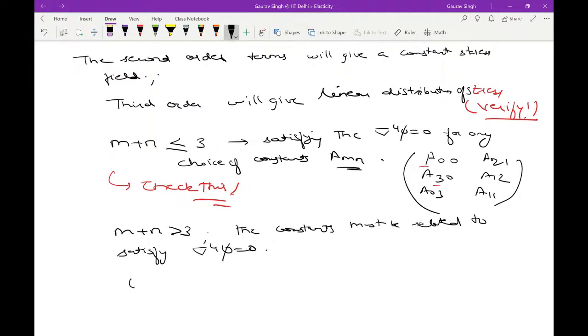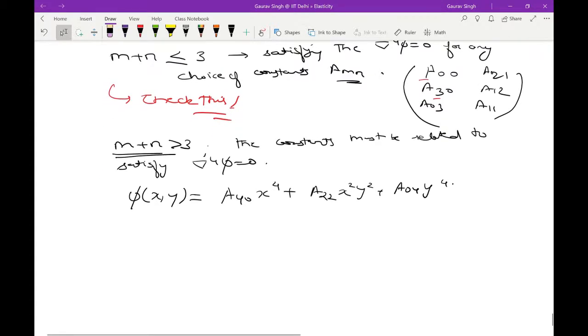Let's take a phi xy which looks like this. This is clearly a case where m plus n is greater than 4. There are other possibilities as well, but we are just taking one example. Now if you substitute this into the biharmonic equation, let's see what we should get.